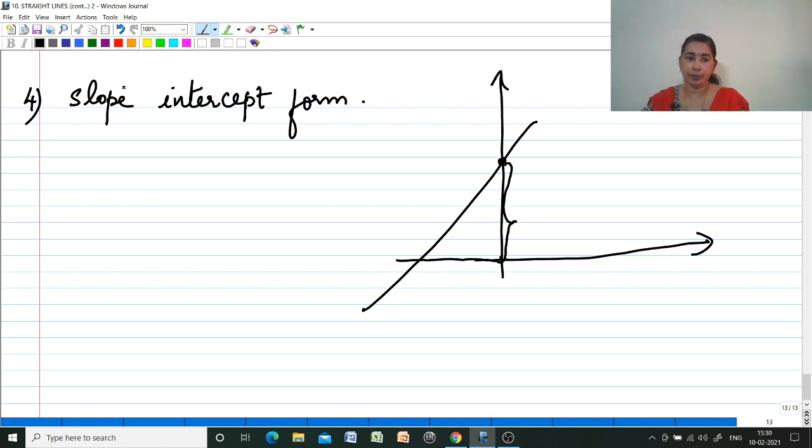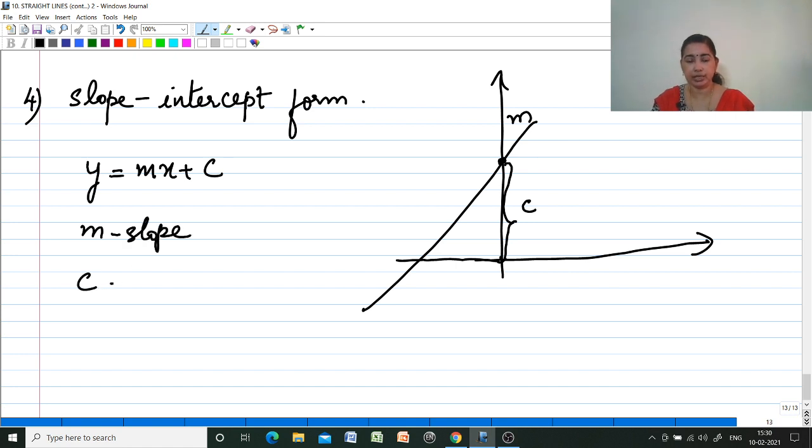So here in slope intercept form, the slope of the line will be given, and also the y-intercept is given. Let the y-intercept be c. So if the slope is given and the y-intercept is given, then we can find the equation of the line by using the equation y is equal to mx plus c, where m is the slope and c is the y-intercept.